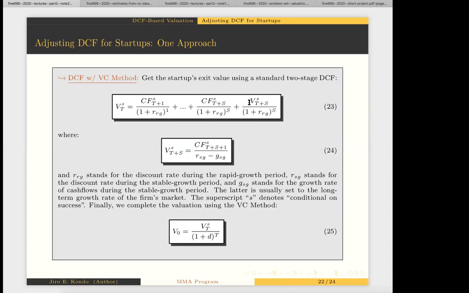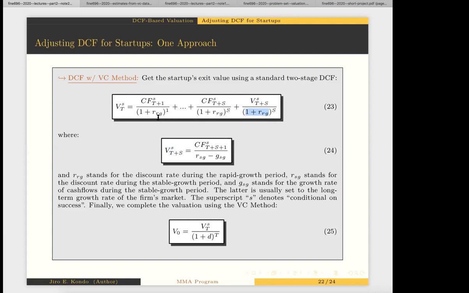We would also want to include t plus s plus 1, t plus s plus 2, and so on. But an easy way to incorporate everything that happens after time t plus s is to use the terminal value that we obtained in our earlier step. So the value at time t would be the discounted value of the cash flows from time t plus 1 to t plus s, plus the value of that company at time t plus s, discounted for S periods as well.